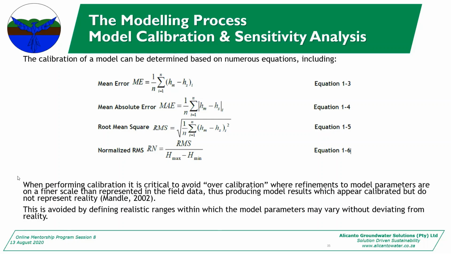And when performing your calibration, it's critical to avoid over-calibration, where you refine your model parameters to such a fine point that you get 100% calibration, but none of your parameters are actually realistic. I've seen models where they apply to a Karoo shale a transmissivity of 200.